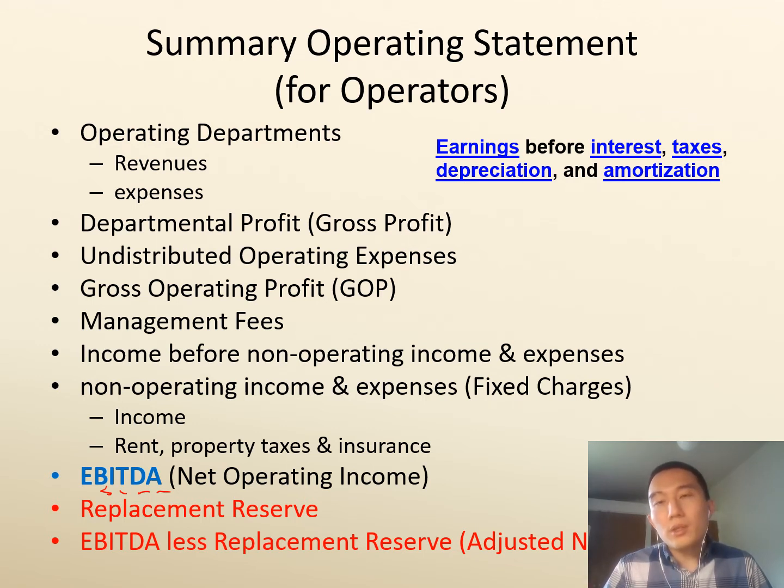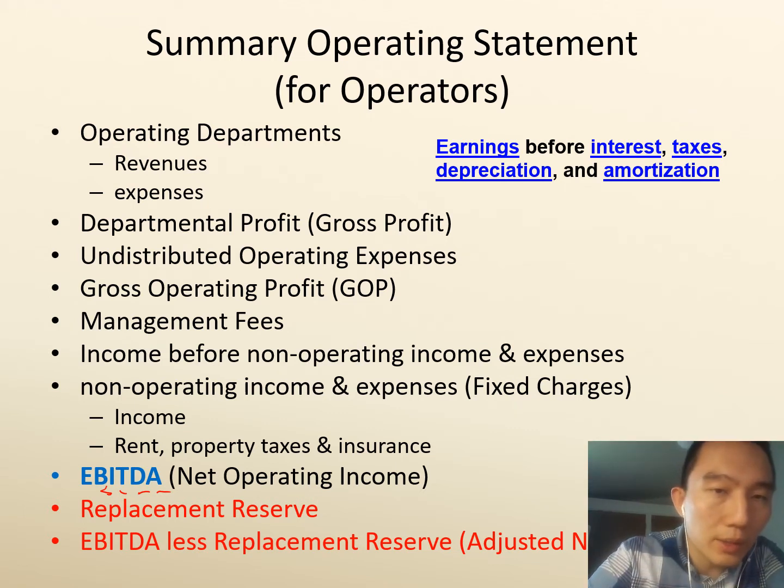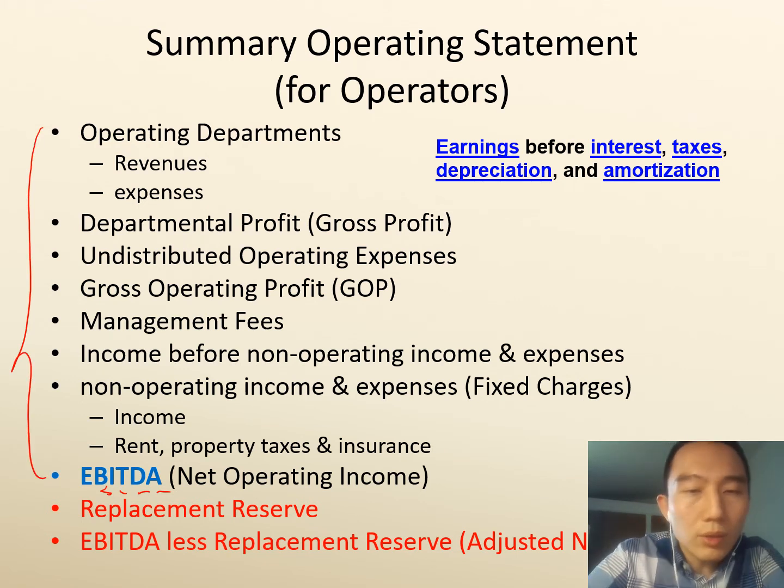A summary operating statement can be very useful for both operators and owners, but the statements are in slightly different formats for each user. These slides show the statement structure for operators. The first part of the statement is the same. The only difference is the items highlighted in red.